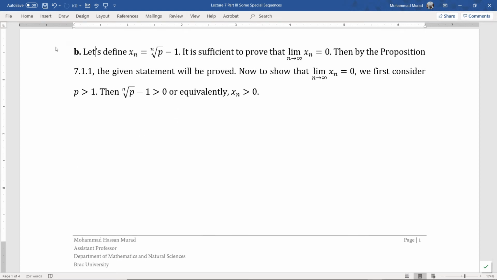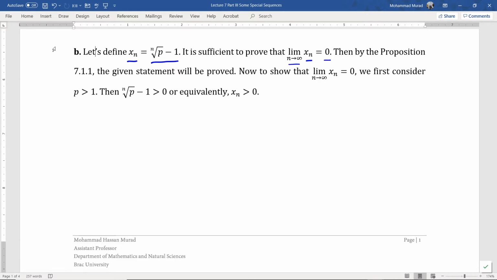Let's define x sub n equals the nth root of p minus 1. It is sufficient to prove that the limit of x sub n as n approaches infinity equals 0.